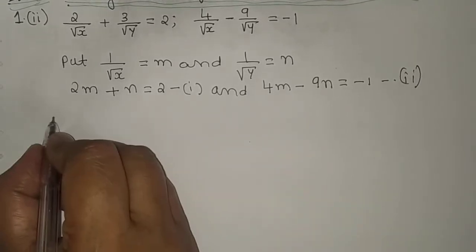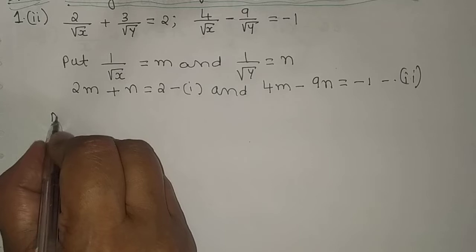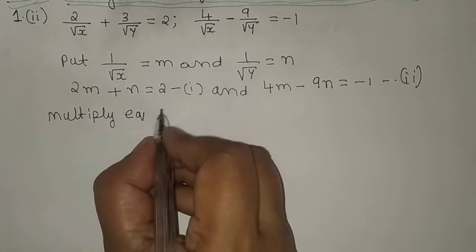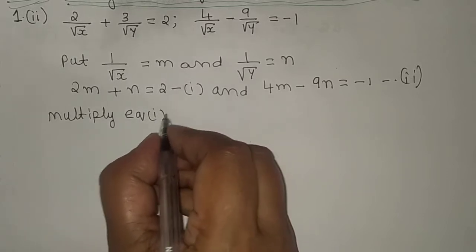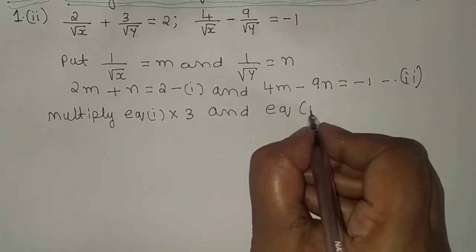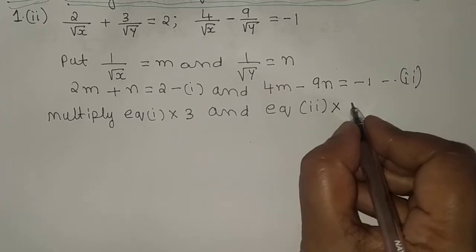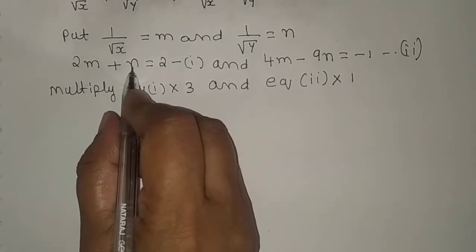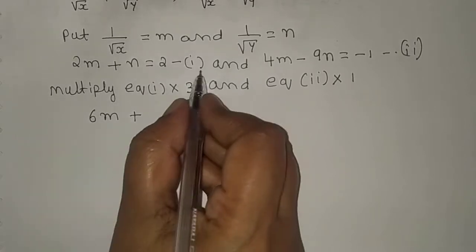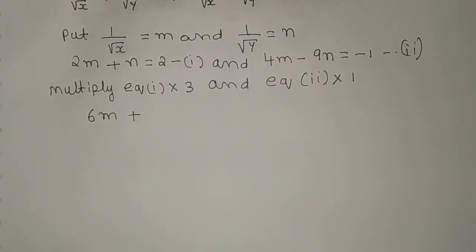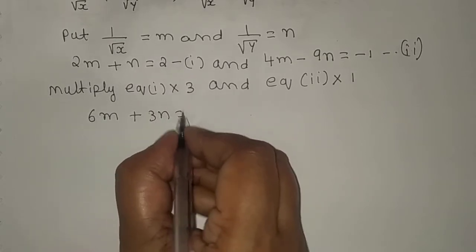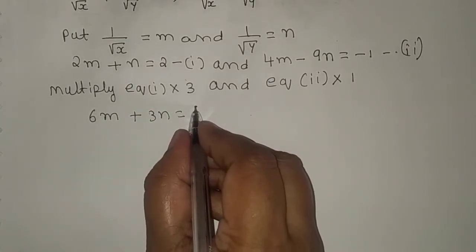Now the next step is to multiply equation 1 by 3 and equation 2 by 1. So what happens? Equation 1 becomes 6m plus, 3 into 2 is 6, 3 into n is 3n, then 2 into 3 again becomes 6.